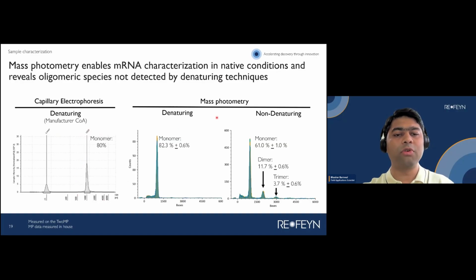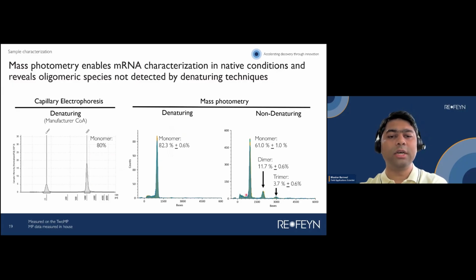We can run the mass photometry either in the denaturing conditions, by denaturing our sample with urea, or in non-denaturing condition, which is the native state. So we denatured intentionally to see if we can get a similar proportion as in the certificate of analysis. And as you can see, the monomer proportion is around 82%, which is quite comparable to what we get from the capillary electrophoresis.